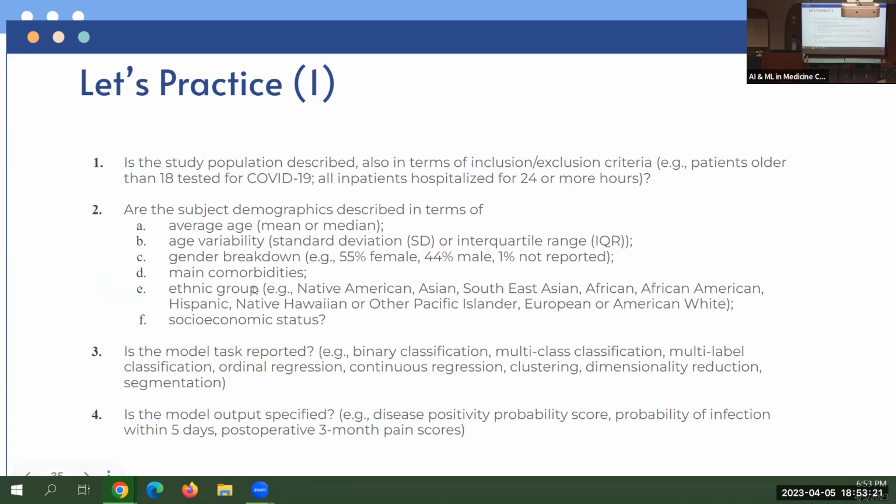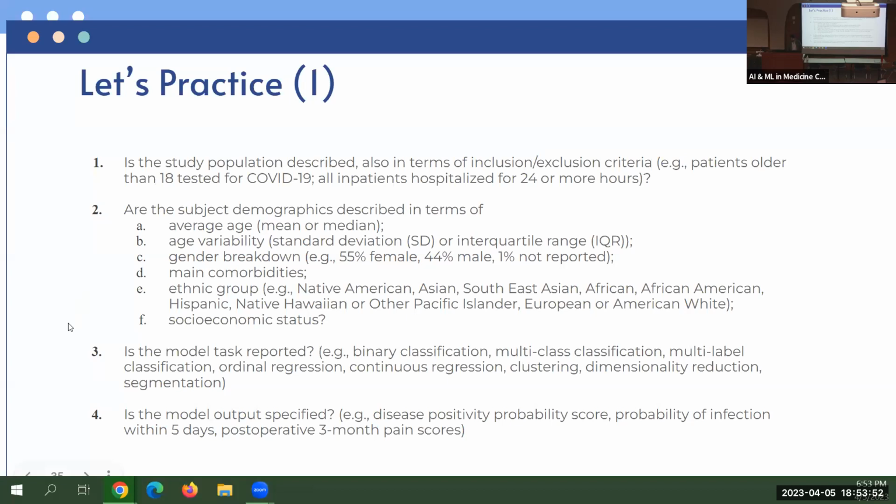And then ethnic group, they talk about that at least, but again, not too detailed, and no mention of socioeconomic status, right? So I think this is a 2-point question. They probably don't get the full 2 points for this one. We'll probably give them a 1, as if we have a say on a paper that's already been published in Nature. Exactly, in Nature, no less.